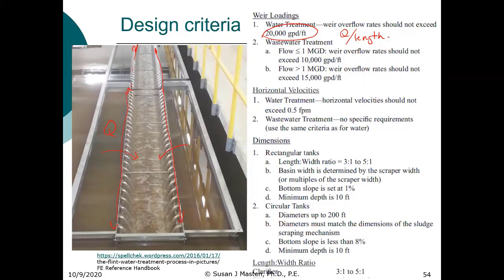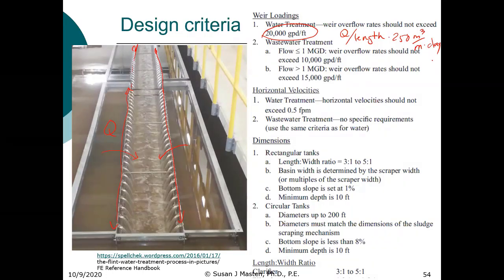And you can see that we have various specifications, both for water treatment and for wastewater treatment, that 20,000 gallons per day per foot corresponds to 250 meters cubed per meter per day.